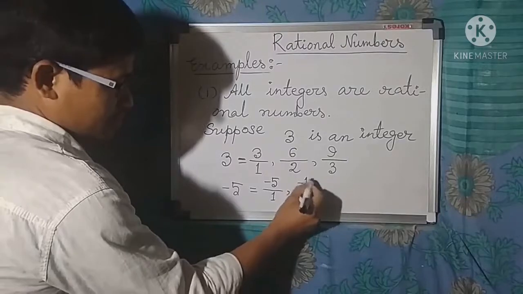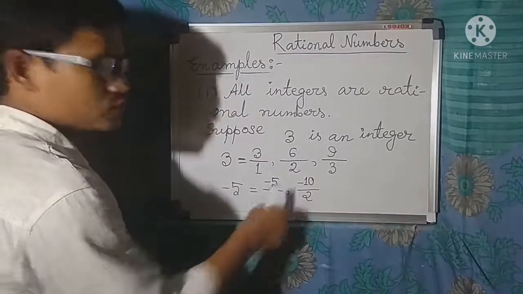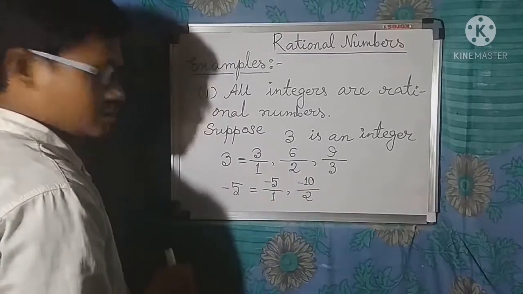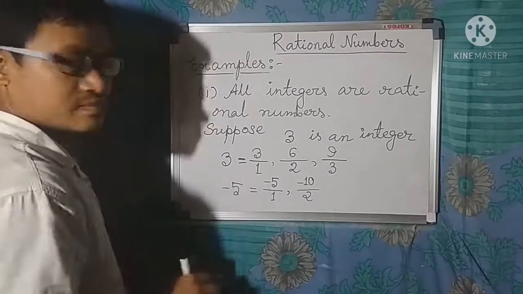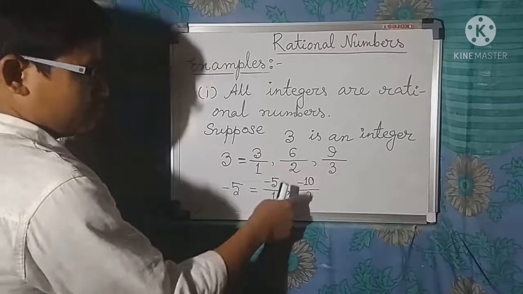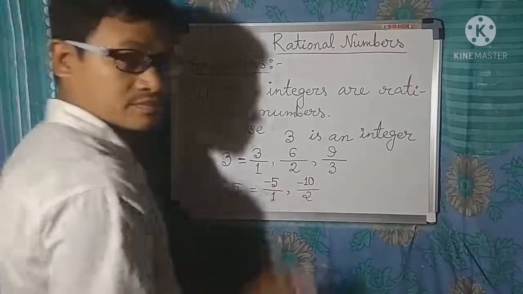Minus 10. We can write minus 5 as minus 10 by 2. This is the p by q form of minus 5. If we divide minus 10 by 2, we will get minus 5.